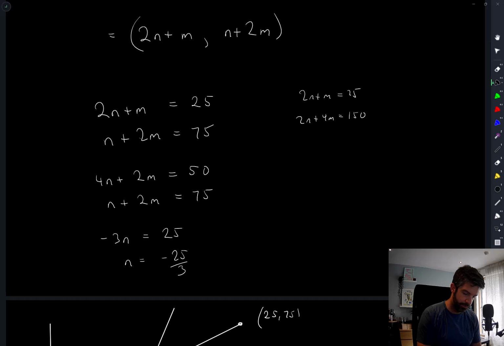Again, the bottom minus the top. 3m is equal to 125. m is equal to 125 over 3, which is approximately 41.6.